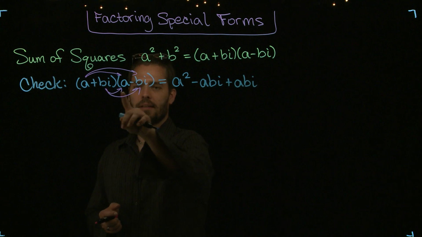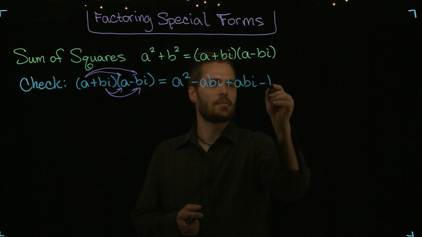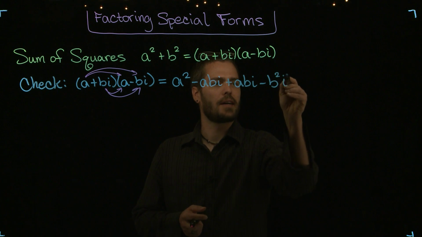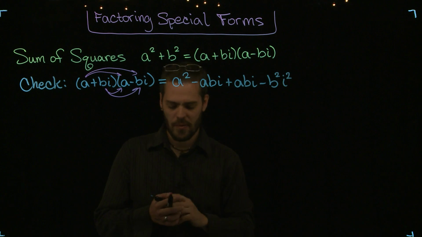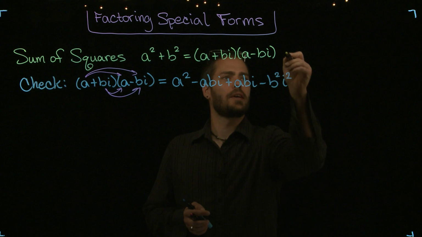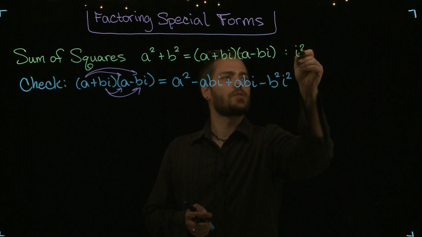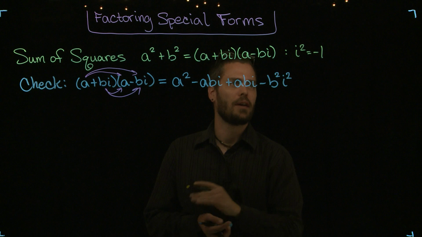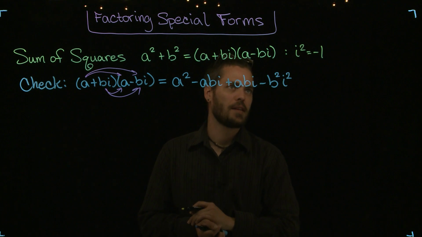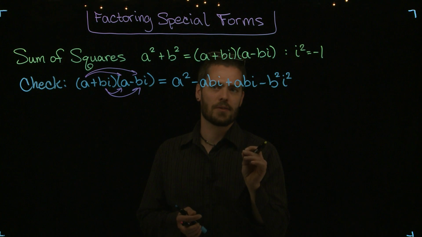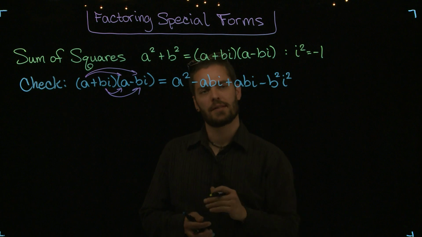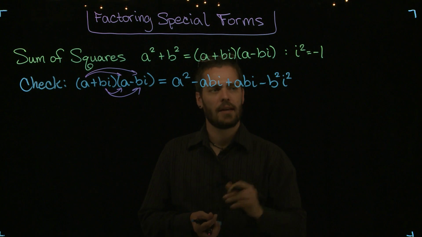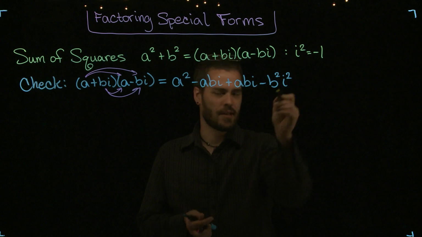And then lastly, I get minus b squared i squared. Now remember, I didn't write it up here, but I should, that i squared is equal to -1. That's how we define the imaginary unit. i is equal to the square root of -1, so we can say i squared is equal to -1. That means that this guy right here is equal to -1.